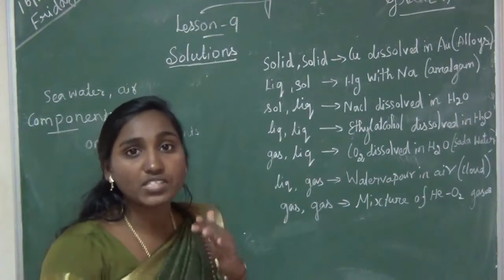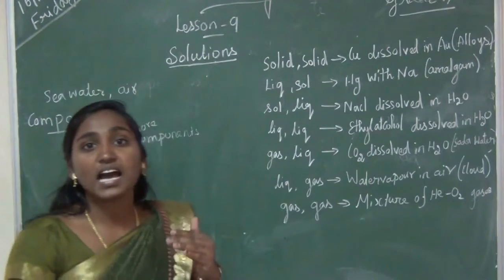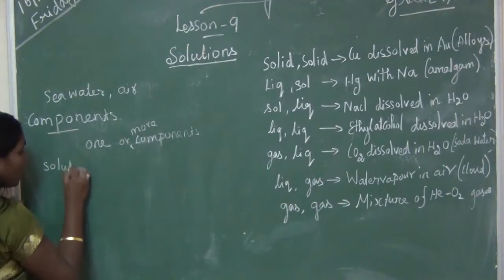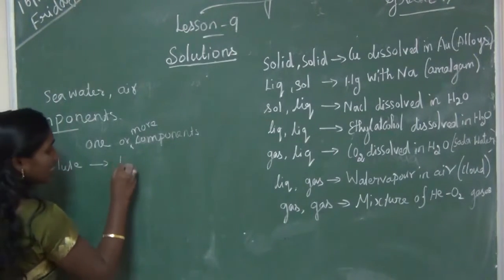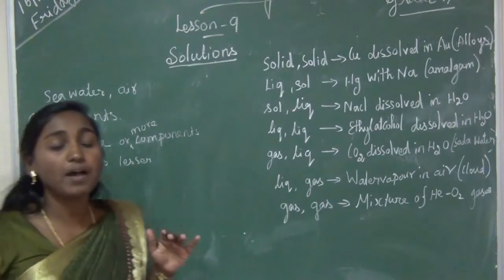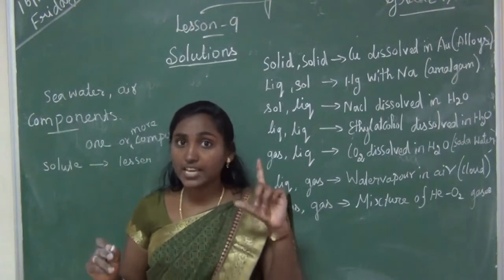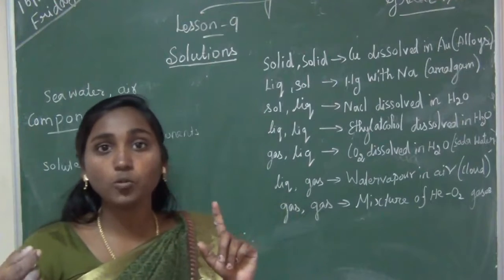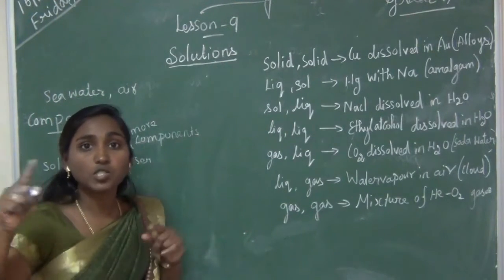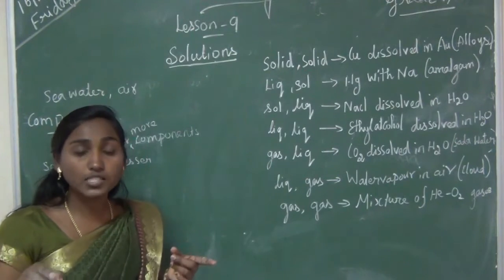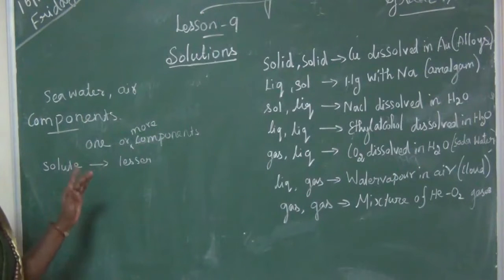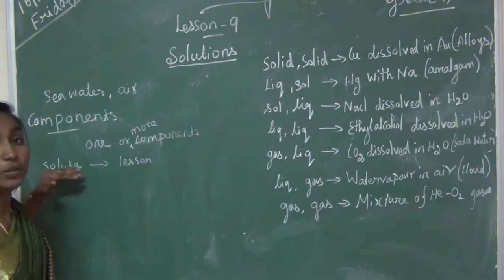The component present in lesser amount by weight is called the solute. Imagine one glass of water and add one teaspoon of salt or sugar to this water. Here the salt is the solute, because it is present in lesser amount by weight.